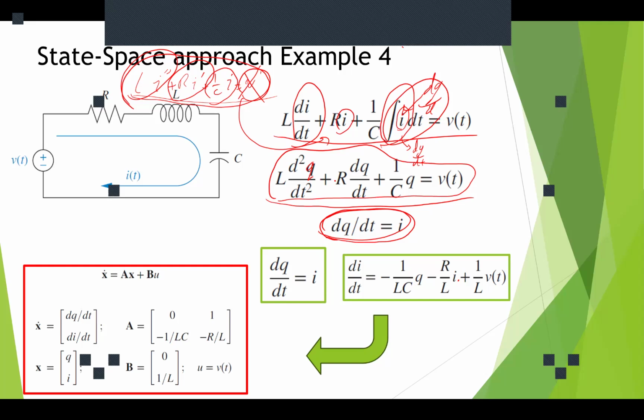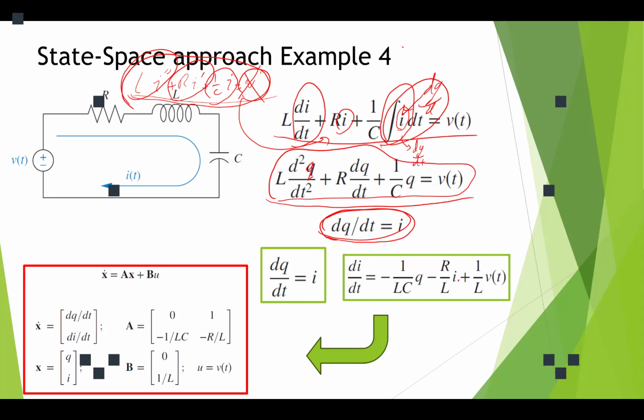Are we good? Now, forget about these actual values. I wanted to go from the mathematical perspective. You have a second order differential equation. How many state variables should you have? If we have second order, how many state variables do we need? Minimum 2, correct?